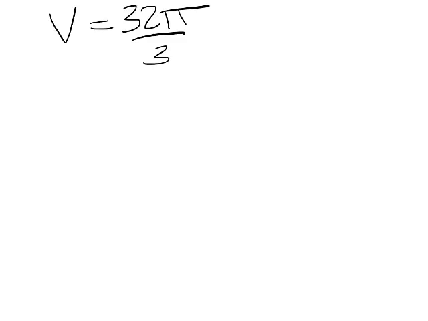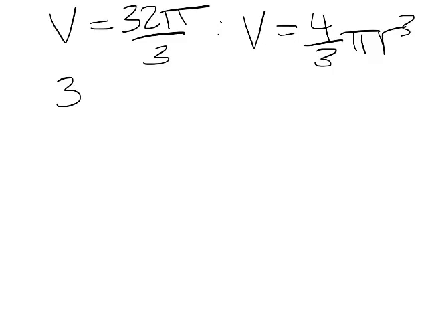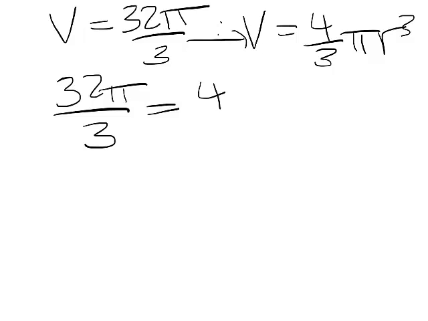So I'll plug that into the volume formula. The volume of the sphere is equal to 4/3 pi r cubed. If I substitute 32 pi over 3 for V, I get 32 pi over 3 equals 4 pi over 3 r cubed.